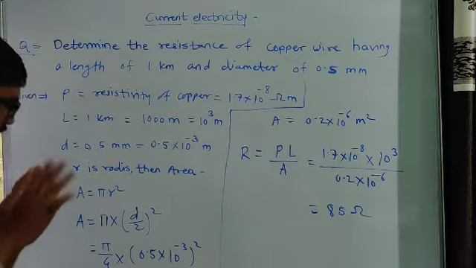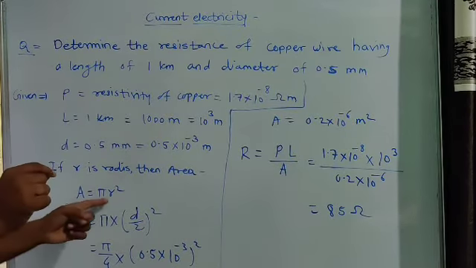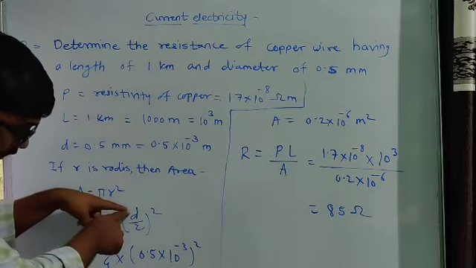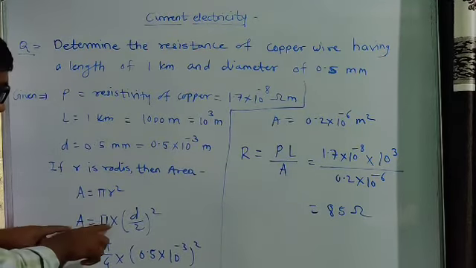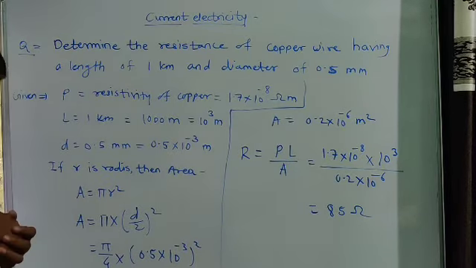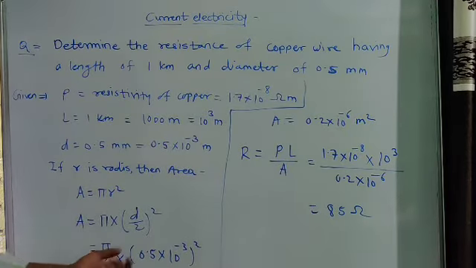We know the formula of area is pi r square. Radius is important, but here it is not given, so in place of r we put d by 2. So A is equal to pi into (d by 2) whole square, which is pi by 4 into (0.5 into 10 raised to minus 3) whole square.